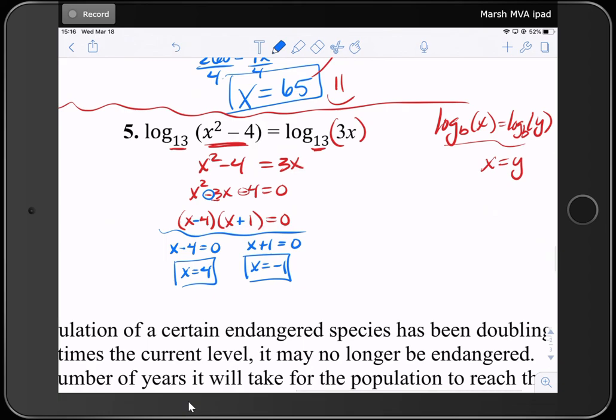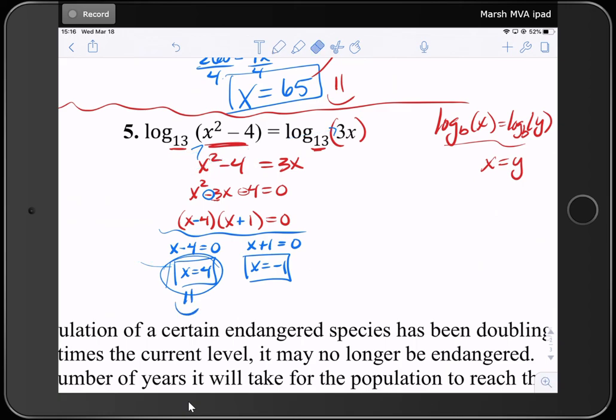If I plug 4 into either one of these, the x squared minus 4, or into this one over here, do I get a 0 or do I get a negative answer? So if I plug it into x squared minus 4, that's going to be 16 minus 4. That's a positive 12. That's fine. And if I plug it into 3x, that's also a positive 12. That's fine. So x is equal to 4 is a solution.